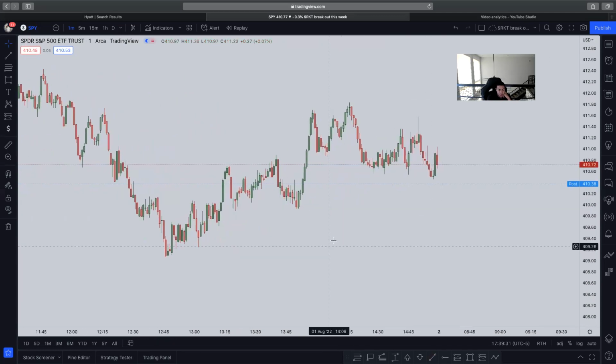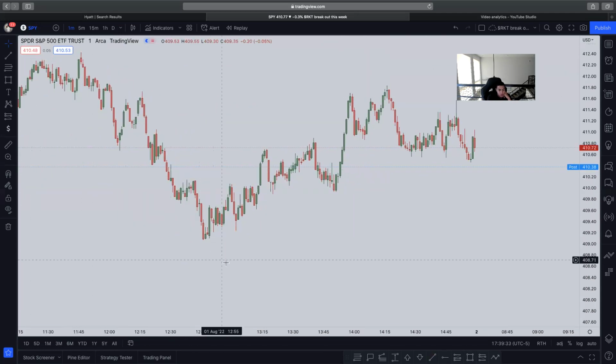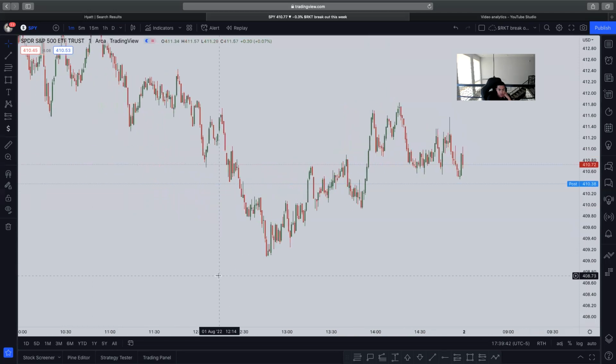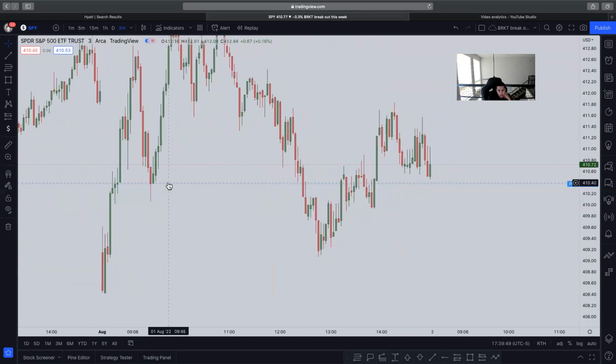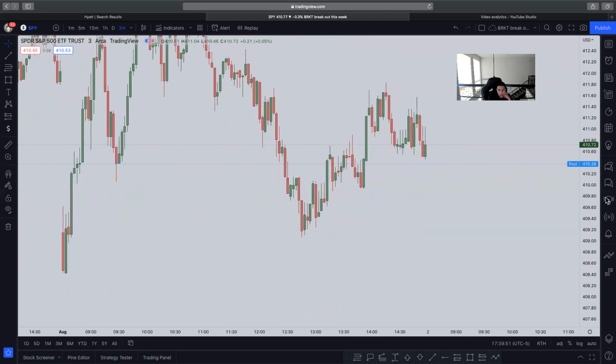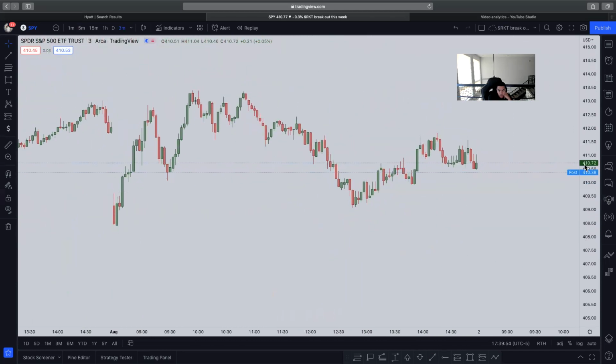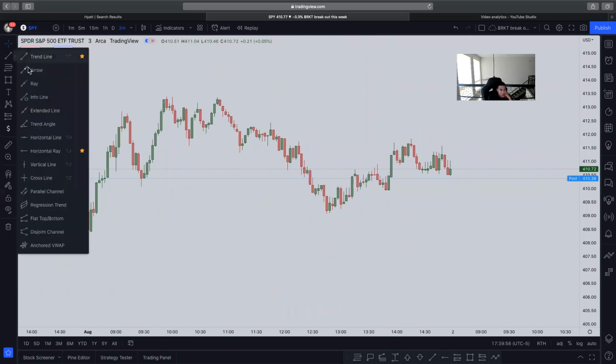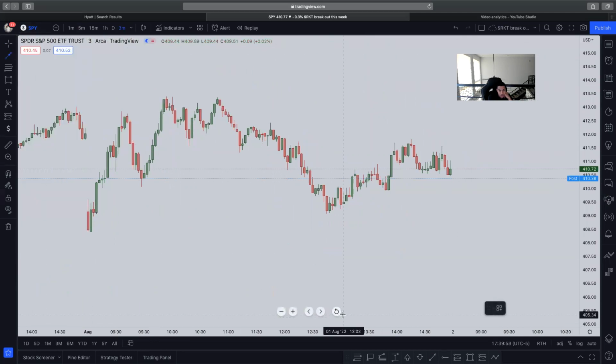So I believe I was looking at a 1 minute time frame. Let me go to my original 3 minute. Yeah, this looks better. So it was on a 3 minute time frame. So I entered calls at 1:06, about over here in this area. So let's keep that in mind.